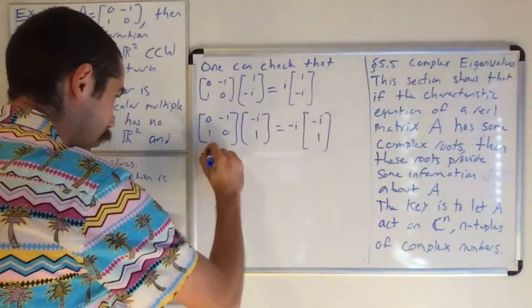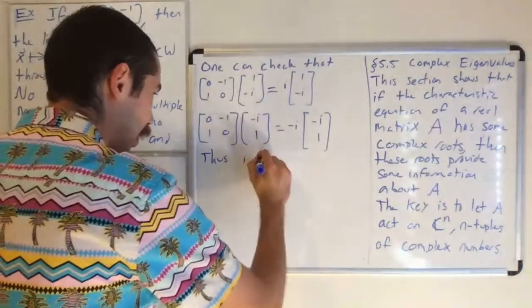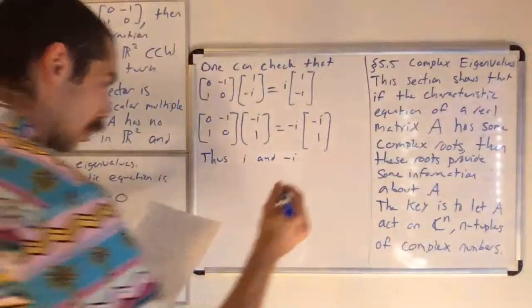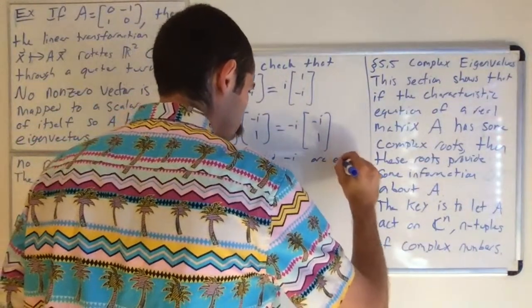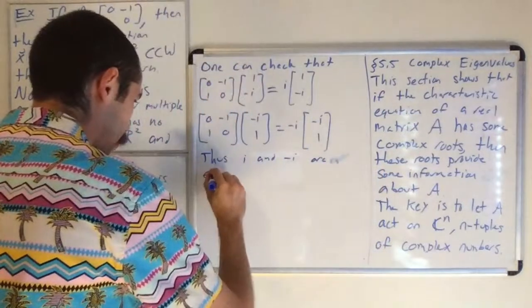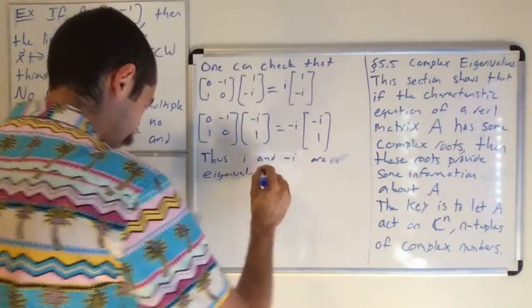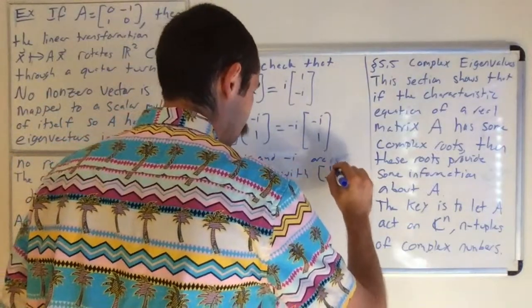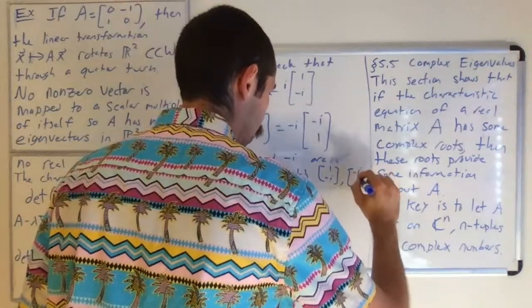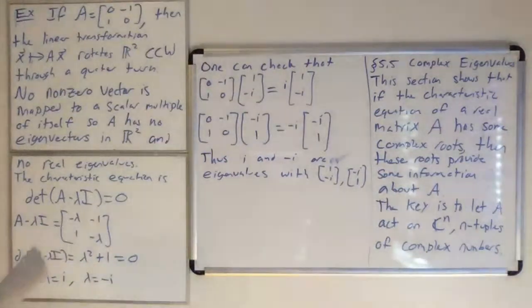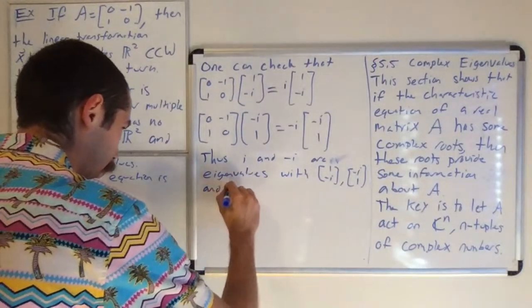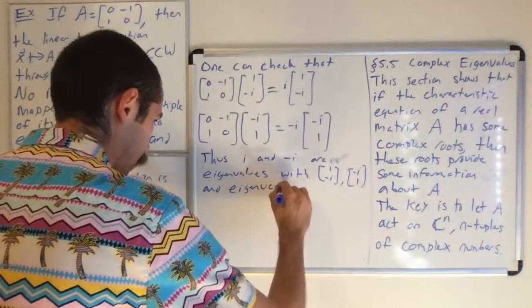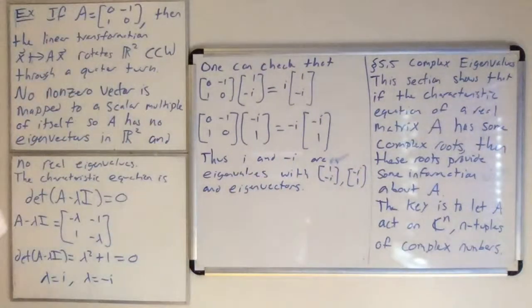So thus, i and negative i are eigenvalues with (1, negative i) and (negative i, 1) as eigenvectors. And so the question is, how do we find these complex eigenvectors?